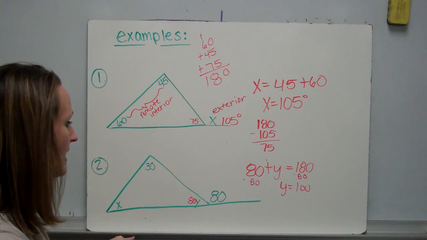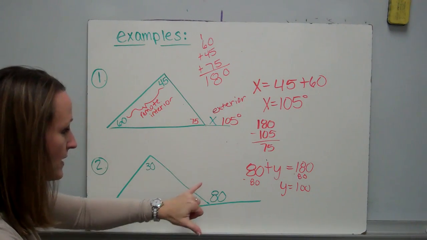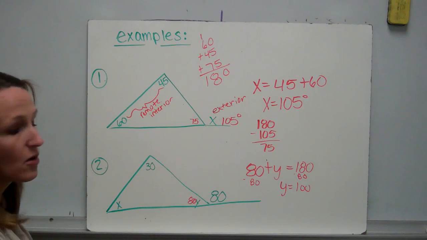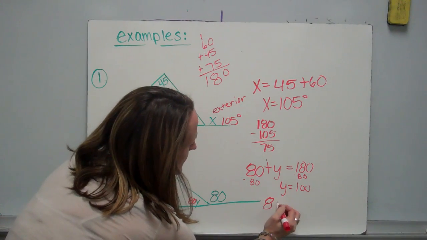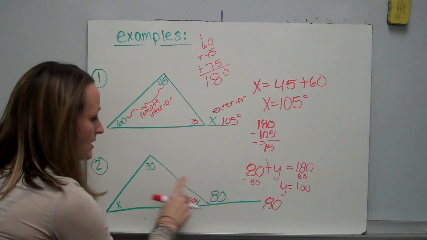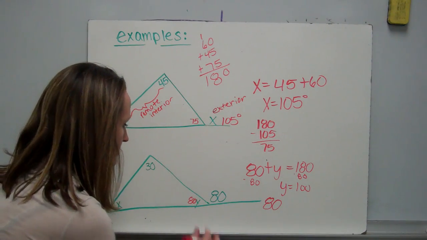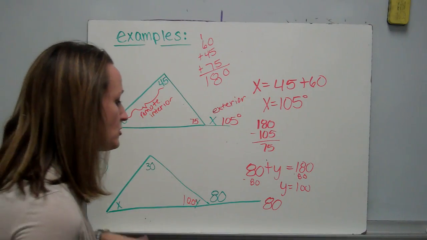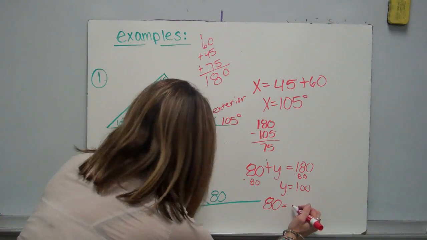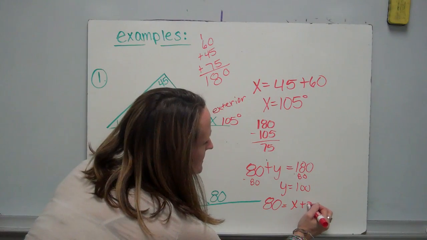So now we know that this is 100. So how do we find x? Well, one of 2 ways. We can say x is equal to this, or we can go back and use the triangle sum theorem. Well, let's do it this way though. We know that 100, which is our exterior angle, should be equal to our 2 remote interior angles. So it's going to equal x plus 30.